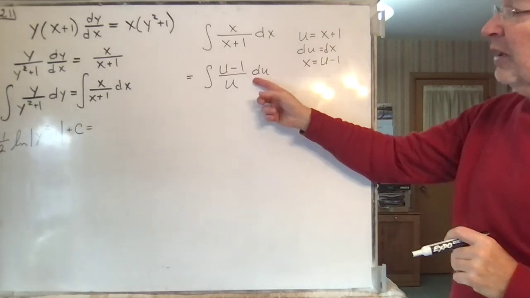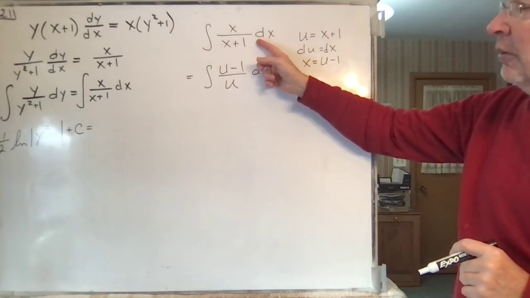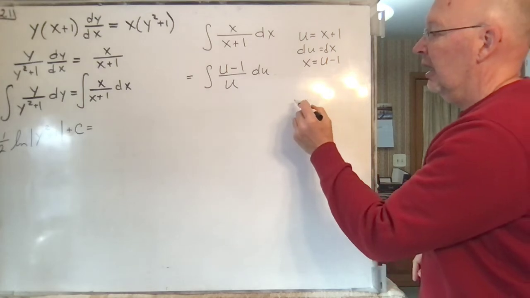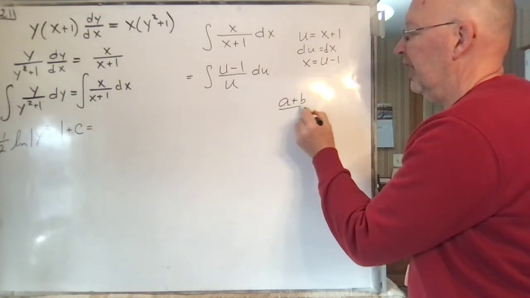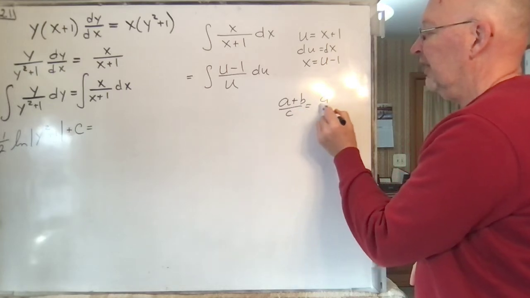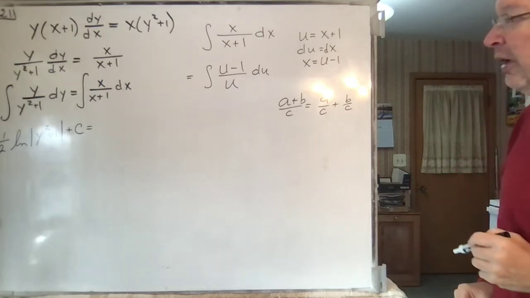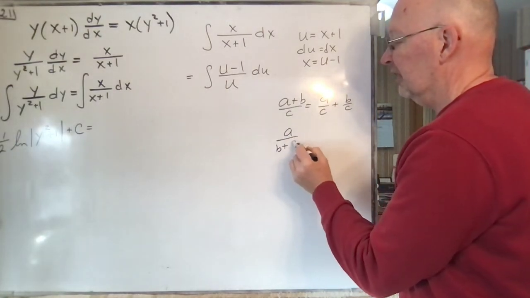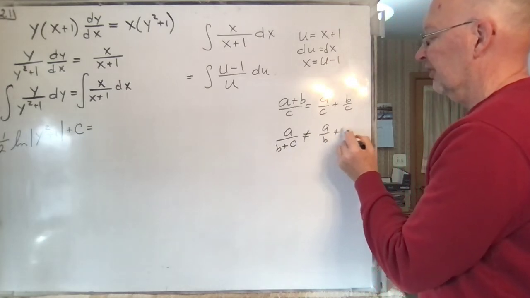Now that is much easier to integrate than this one, for hopefully a simple reason to you. If you have a fraction a plus b divided by c, you can write that as a over c plus b over c. Agreed? You can break up a numerator. On the other hand, if you have a over b plus c, that is not equal to a over b plus a over c.